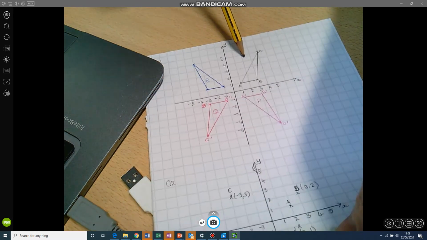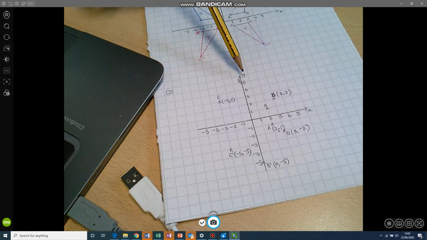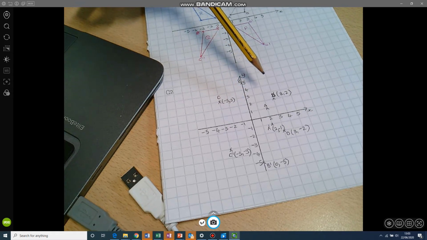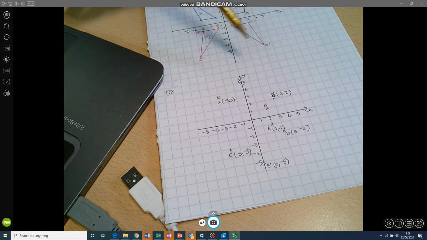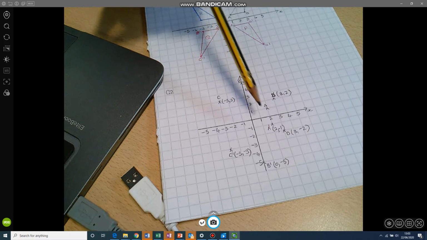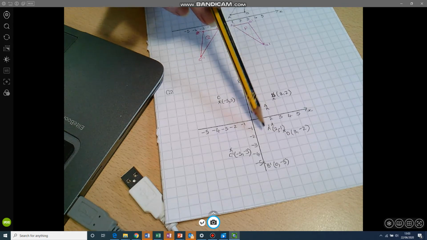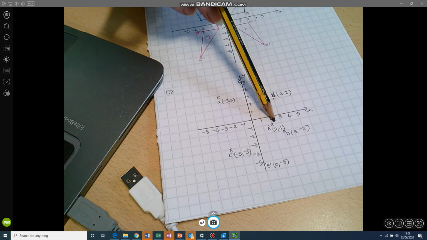Okay, the next part was to start to make some conclusions about reflecting in the x-axis. So we can see, first of all, if we start with point A, which was (2, 1), if we reflect it in the x-axis, it becomes (2, -1).